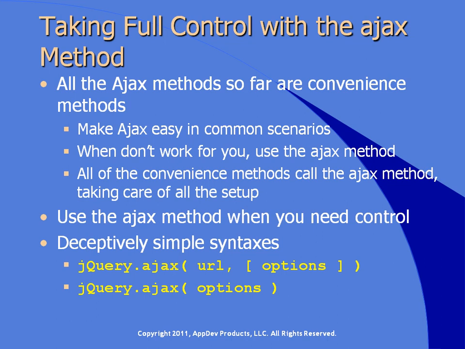As you explore the options, it becomes easy to appreciate all the work that the convenience methods, such as the load method, do for you. On the other hand, it's nice to have the option to use the AJAX method directly so that you can completely control how that call is made to the server. So let's explore this AJAX method.